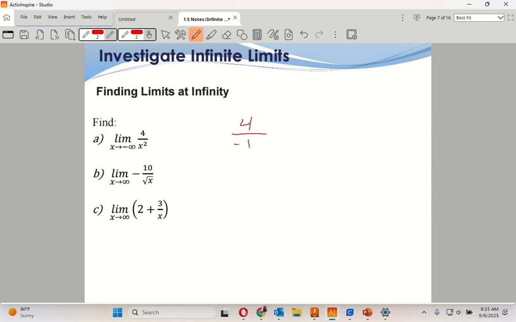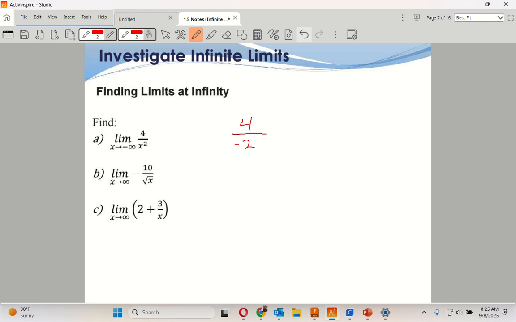But what if I change that to negative 2? What do I get? What's 4 divided by negative 2? Just give me a second.